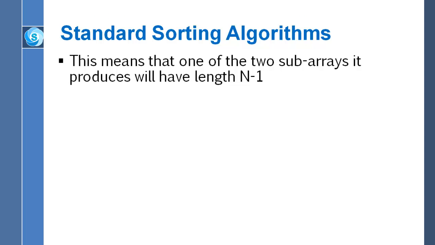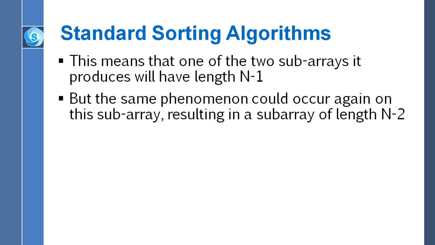When you now recursively call quicksort on the subarray of length n minus 1, you might once again end up with quicksort choosing a pivot that's either greatest or smallest, and this results in a subarray of length n minus 2, and that process continues. You get a subarray of length n minus 3, and you keep having bad luck at every level of recursion all the way down until you finally get down to a subarray of length 1.